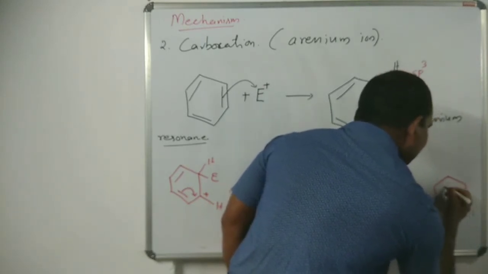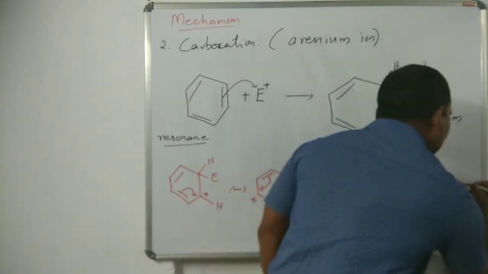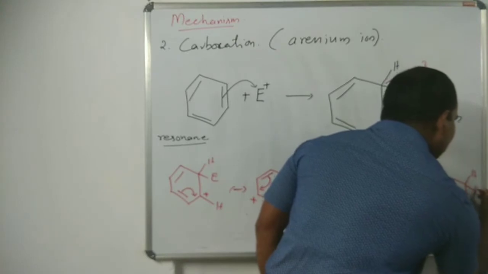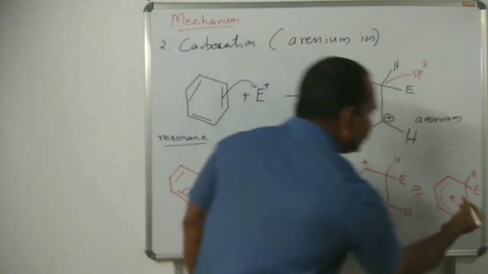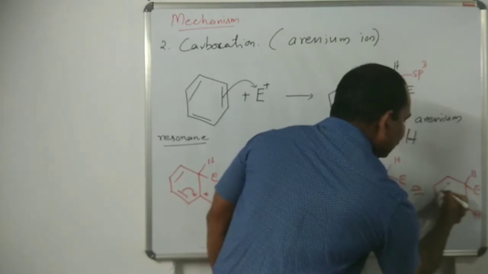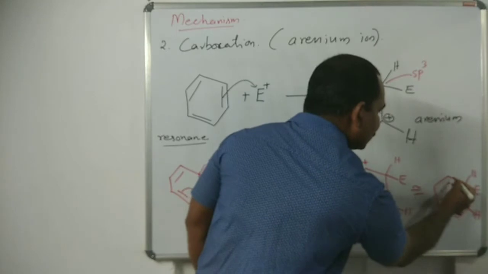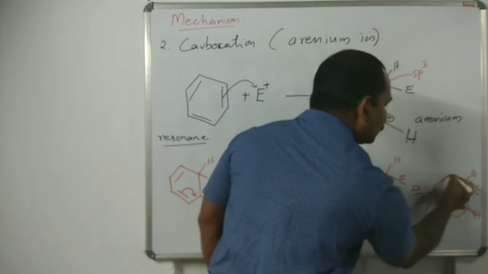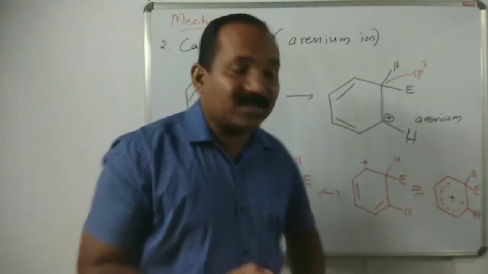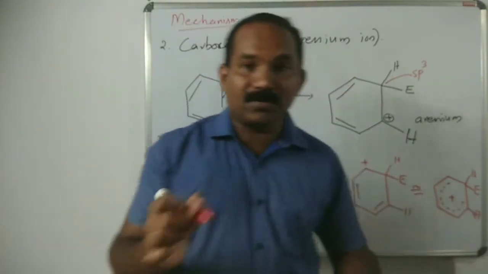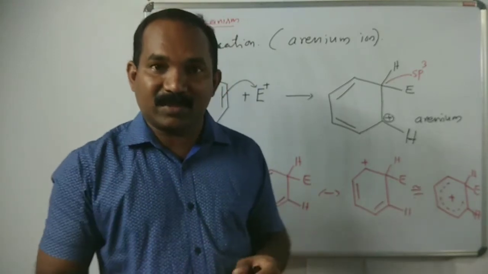The positive charge is resonating in the benzene ring. Okay, the positive charge resonates in the benzene ring. From this carbon atom, the positive charge comes to this carbon atom. And the aromaticity of this intermediate is lost because the complete conjugation doesn't take place.